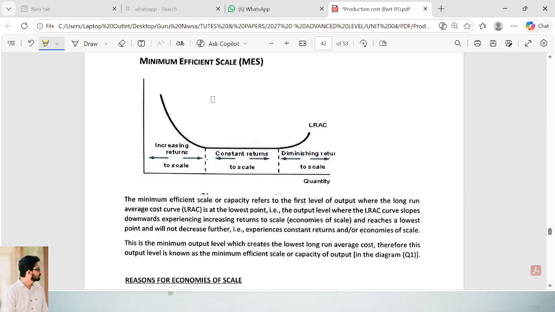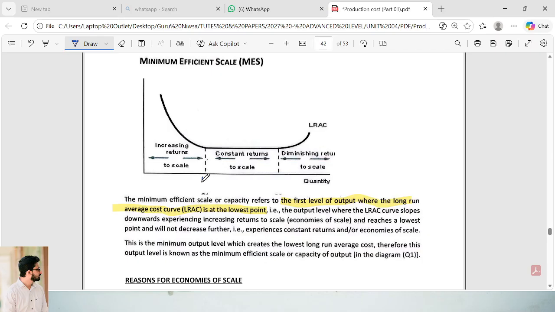Minimum efficient scale is called MES. This is long run average cost, the cost per unit in the long run. Minimum efficient scale or capacity refers to the level of output where long run average cost is at the lowest point. You can see the level of output where the long run average cost, LRATC, is at the lowest.